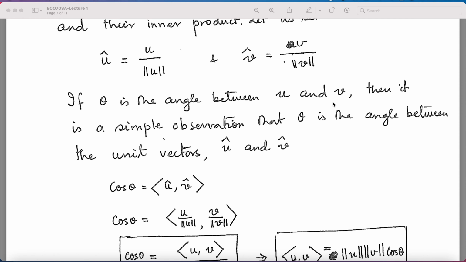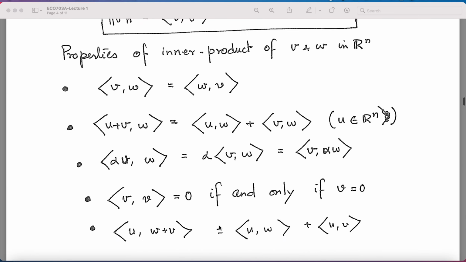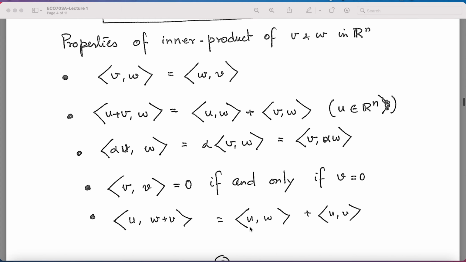Hence the angle between u and v, if it is theta, the angle between u hat and v hat is also theta. And then I know that cos theta is u hat inner product v hat, that is already known to us. Hence if I write u hat as u by norm u, and v hat as v by norm v, then applying two times the result which you already know for inner products, which is this result, let me show you.